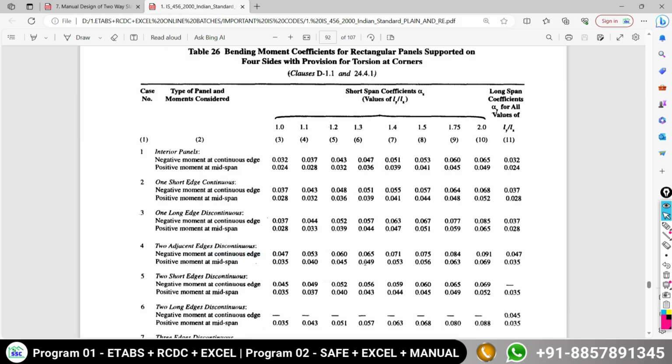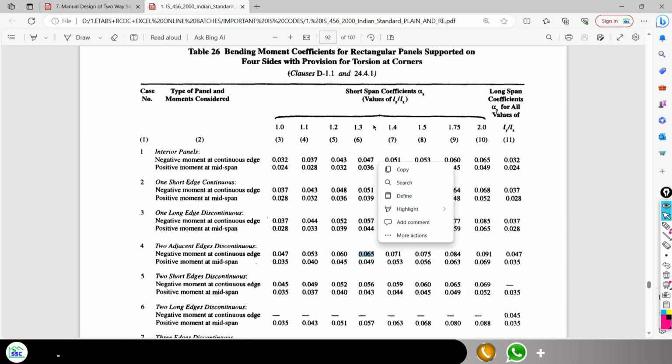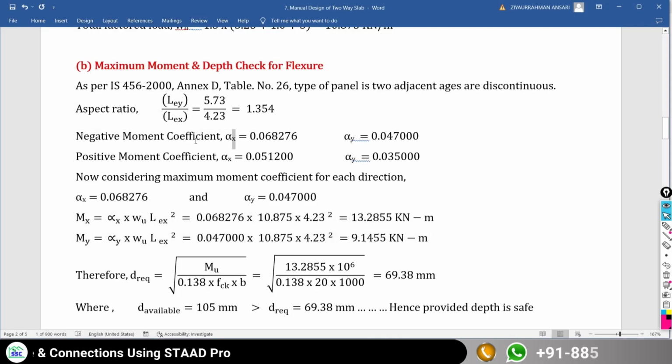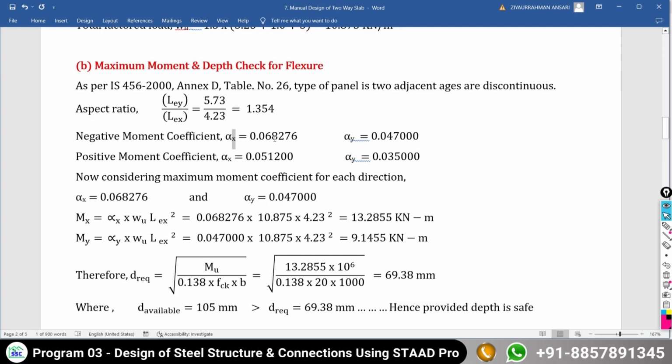So for 1.3 what value is there, for 1.4 what value is there, and our aspect ratio is in between 1.3 and 1.4. So you have to do the linear interpolation, and after doing the linear interpolation we get the values as negative moment coefficient alpha x as 0.068276 and negative alpha y as 0.047, right?